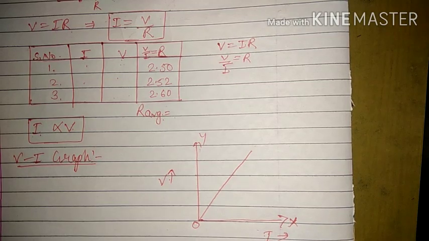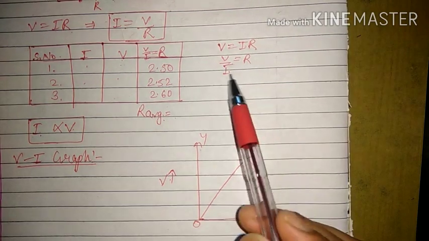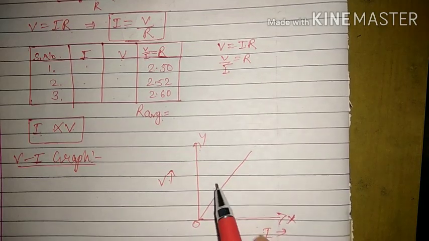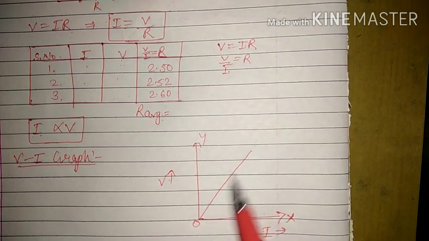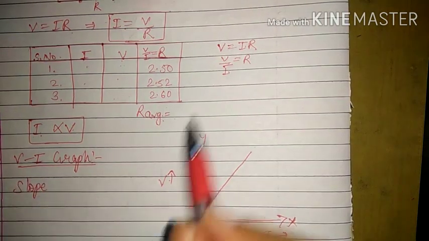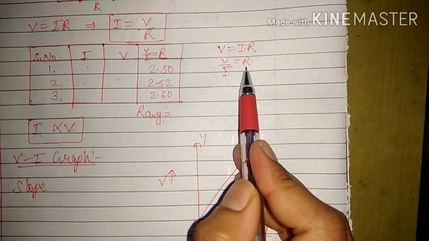There we learned that if we have to find the ratio of two quantities of the graph, then we have to calculate the slope of this line. So first of all, we will calculate the slope, and that slope will give us the value of resistance. This we have already seen in 9th class.